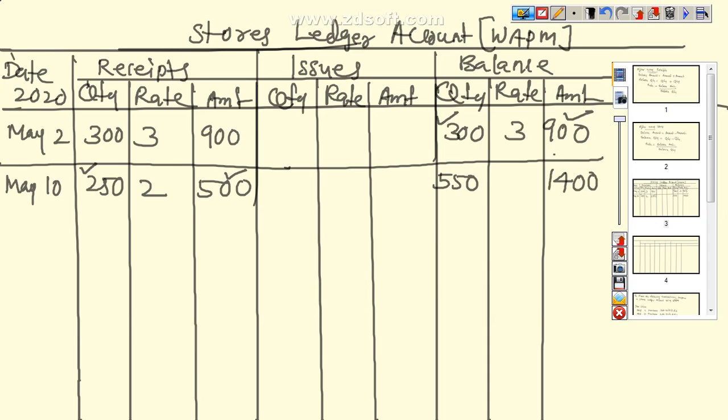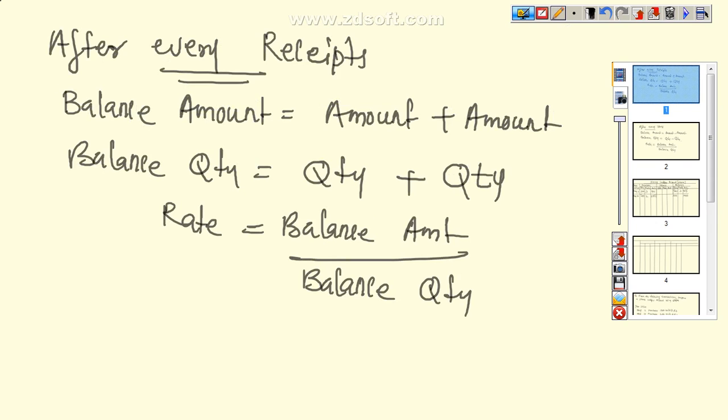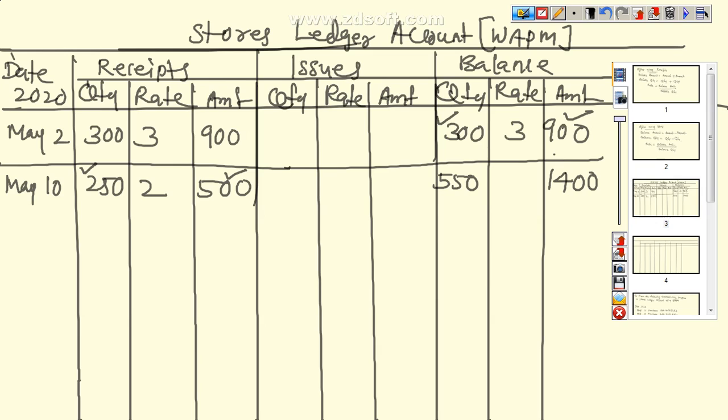We apply the formula balance amount upon balance quantity, so 1400 upon 550 is equal to 2.545. So this transaction is over.